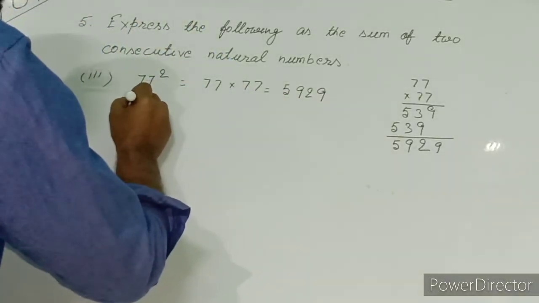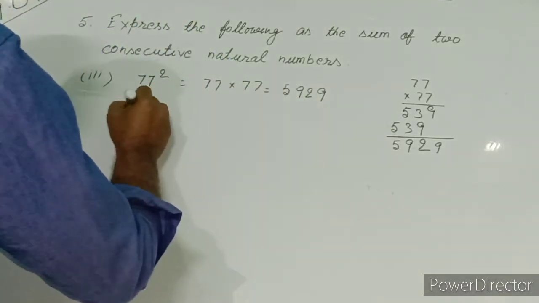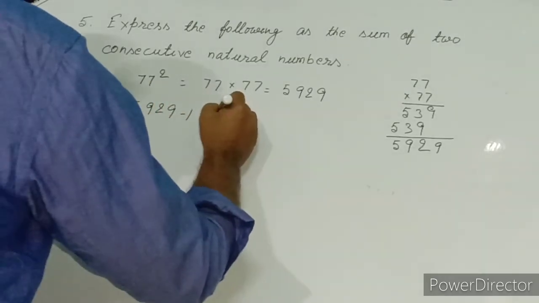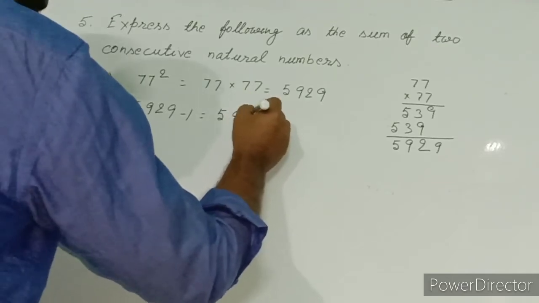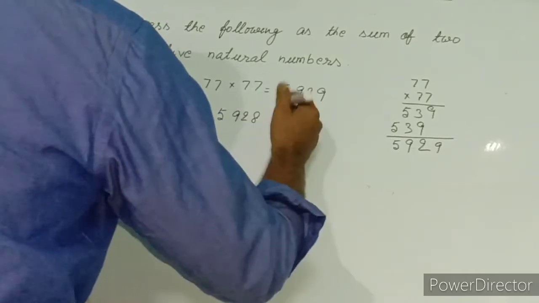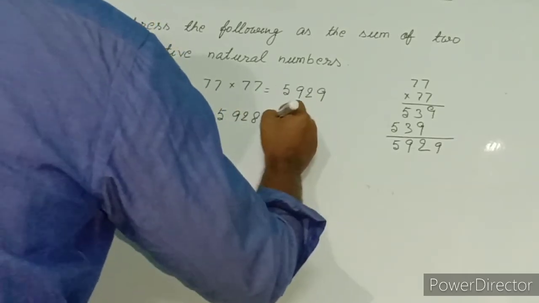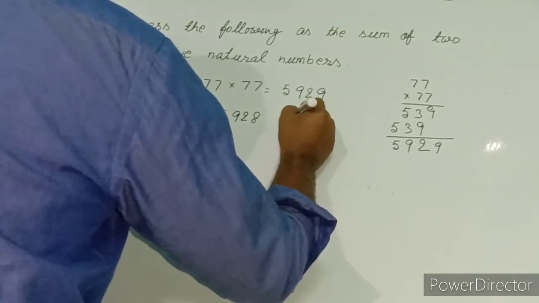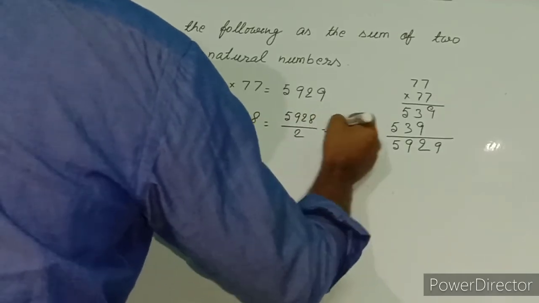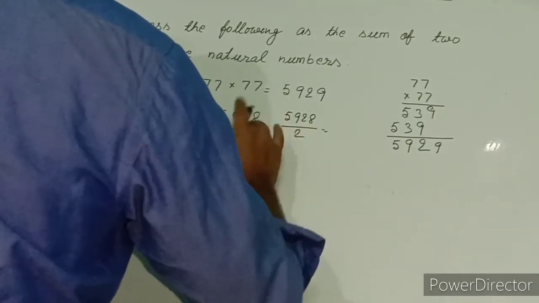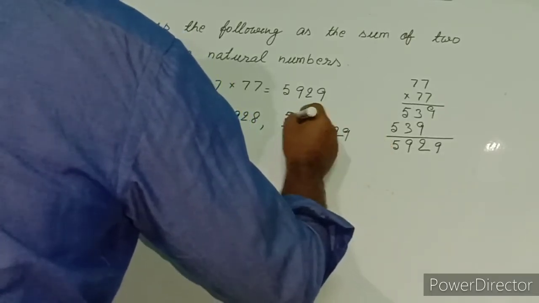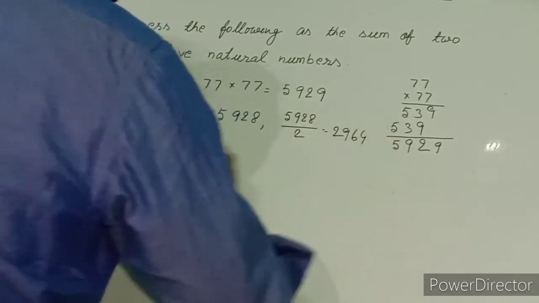Firstly, we subtract 1 from this resultant number. 5929 minus 1 equal to 5928. Now this number will be divided by 2. 5928 by 2 equals 2964.